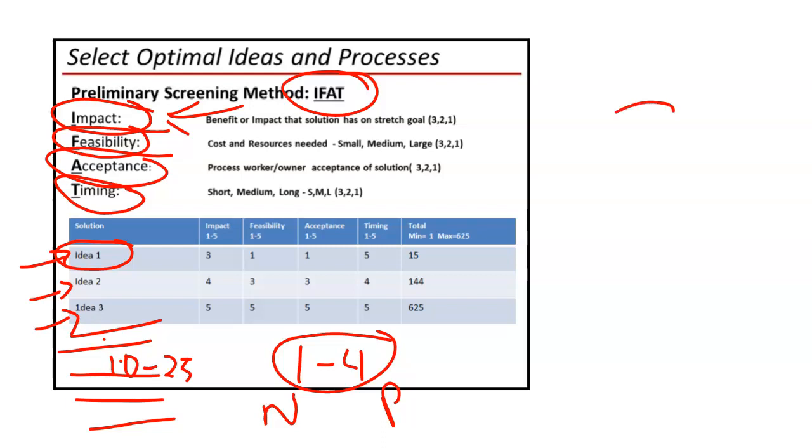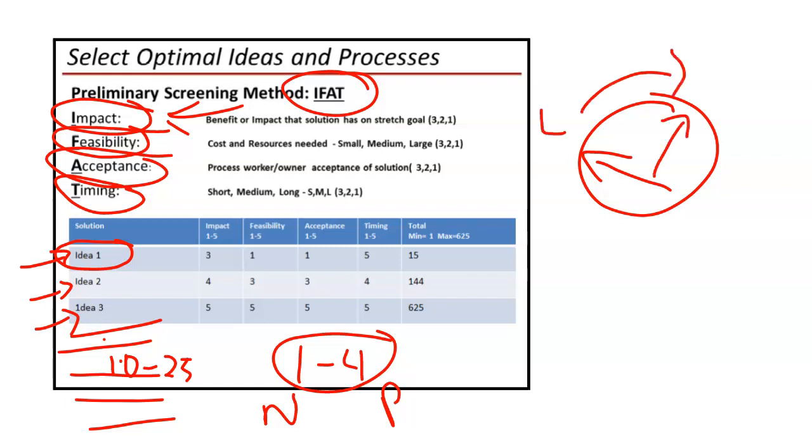If you remember, all processes can be measured. Their performance could be put on a speedometer needle, where in current state we're at a low setting, and our goal is to try to move the needle of performance to a higher value in future state. For impact, I'm scoring on how much the needle will move if we were to implement that solution.